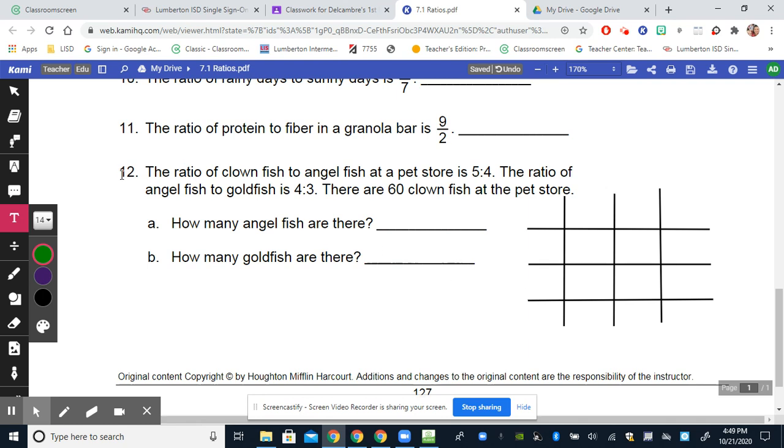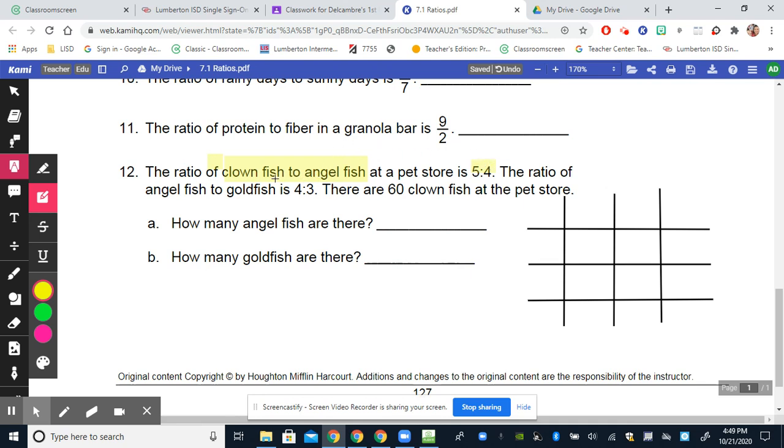Okay, it's like basically a double stacked ratio table. So a ratio of clownfish to angelfish at the pet store is 5 to 4. Okay, so come over here and grab my highlighting. So clownfish to angelfish is 5 to 4. All right. So clownfish is 5, angelfish is 4.